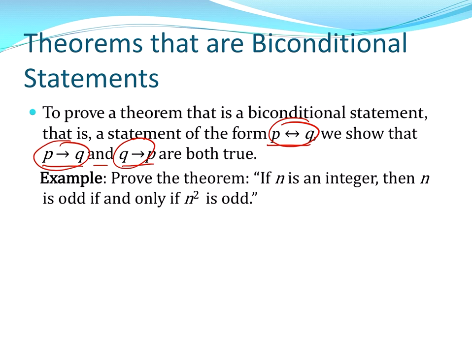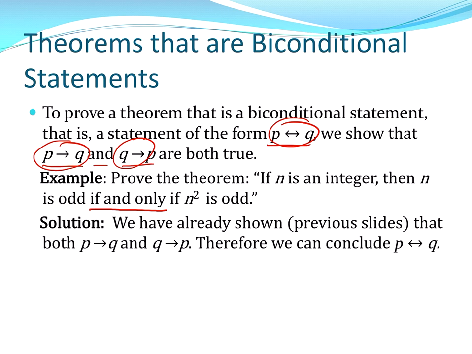Here's an example. If n is an integer, then n is odd if and only if n squared is odd. Well, we've actually already proven that n odd implies n squared is odd on a previous slide. And we've proven by contraposition that n squared odd implies that n is odd. And so we have actually already proven this theorem on previous slides.